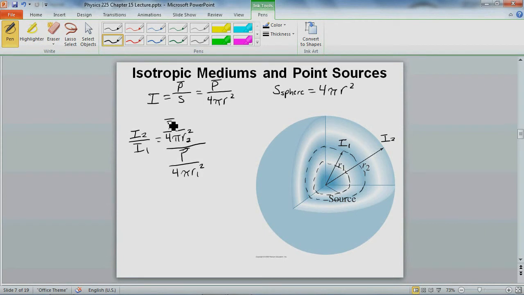Now, I'm going to try to convince you that the average power is going to be the same no matter whether I'm at the intensity 1 at distance R1 or at intensity 2 at R2. So let's think about it in this way. Let's say that I have a certain light bulb at the center, and it has a certain amount of energy, and it's a 300-watt light bulb.